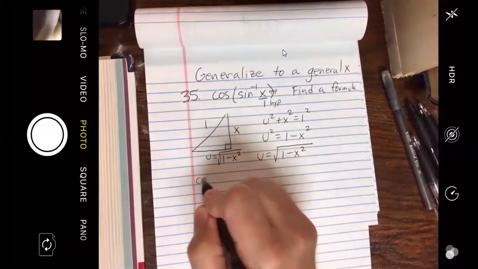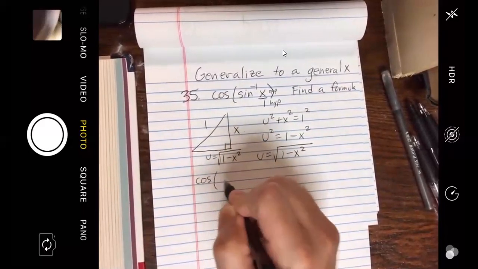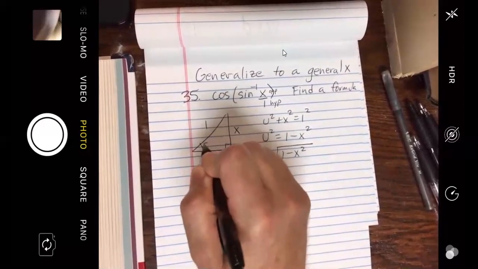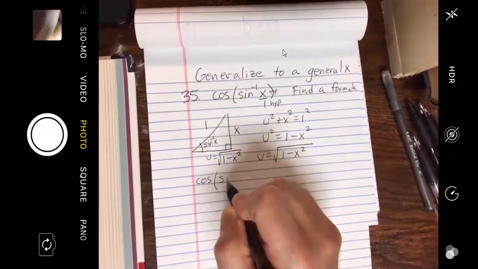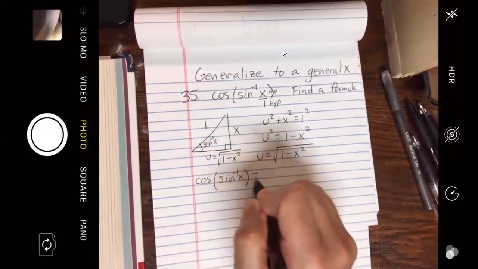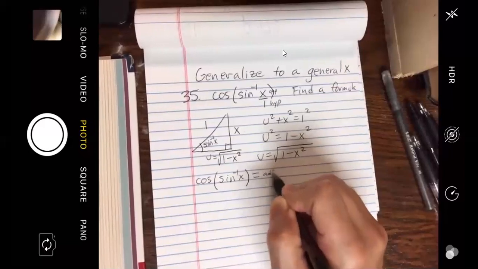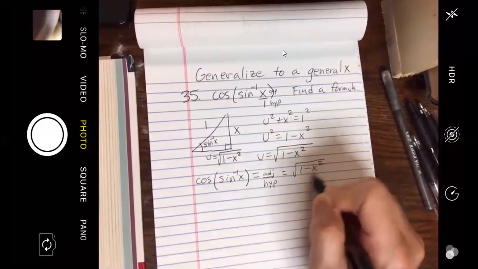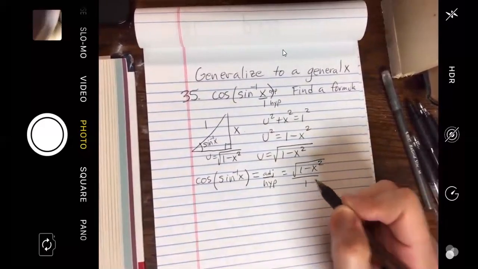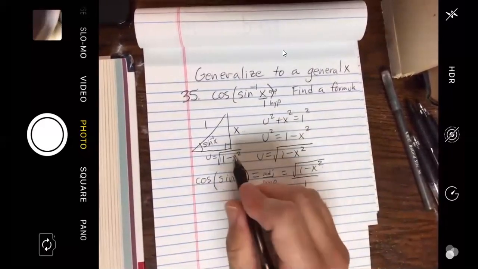Cosine of then the arcsine. So this angle, you can literally label arcsine x. A cosine on that arcsine of x is adjacent over hypotenuse. So it's the square root of 1 minus x squared over 1. Adjacent is the adjacent side, that's the hypotenuse.